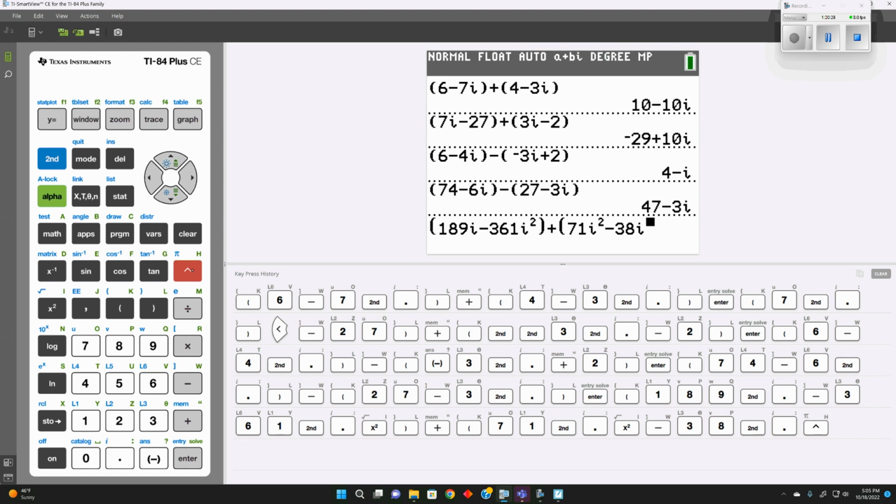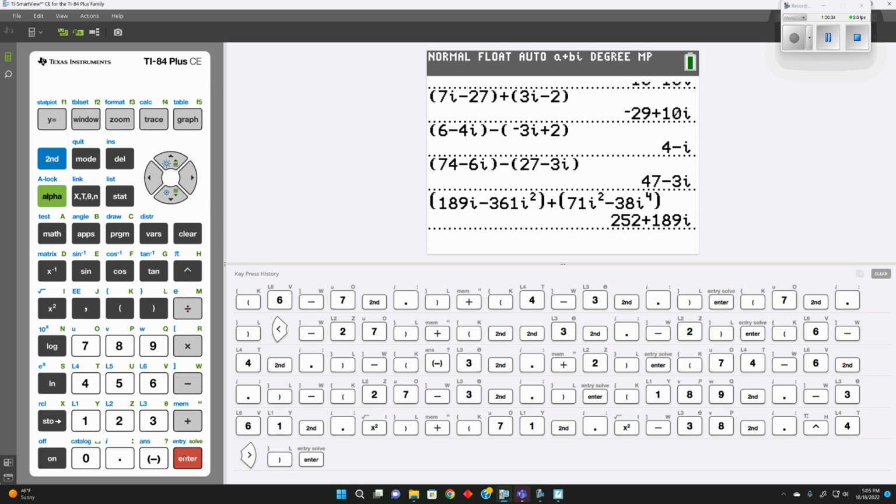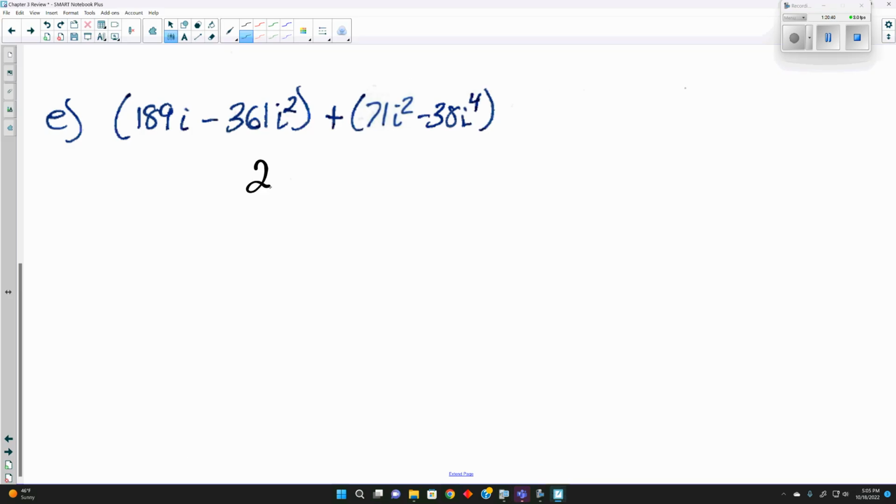We can use the caret key, 4, close parentheses, enter, and it gives us our answer of 252 plus 189I. And that's all we have to do for this here, because again, the calculator will do these for us.